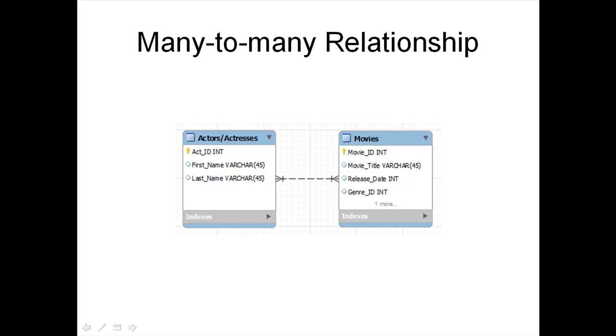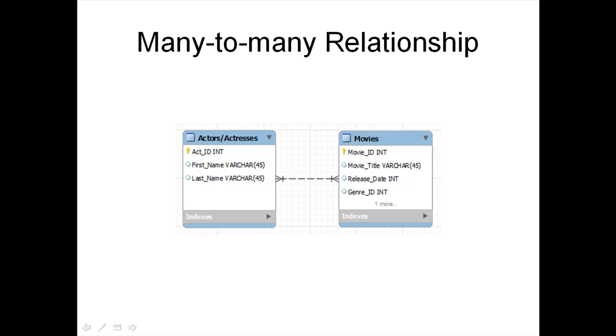Many-to-many relationships are not allowed in relational databases. The simplest way to explain why that is so is to think about an example like this. Here in this actors, actresses, and movies relationship, you would either end up with many columns in the actors, actresses table representing the movies, or you would end up with many columns in the movies table representing actors and actresses.